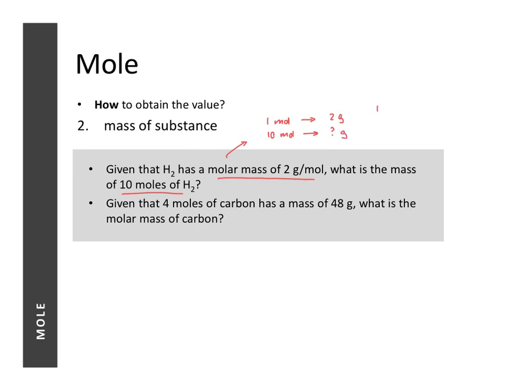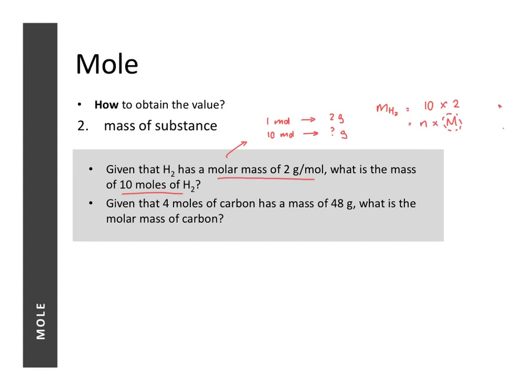The mass of hydrogen will be equal to 10 times 2, which is the number of moles times the molar mass. I'm going to use capital M to represent molar mass. There's a slight difference between this and relative molecular mass, so I'm not going to use the same symbol to represent the two terms.